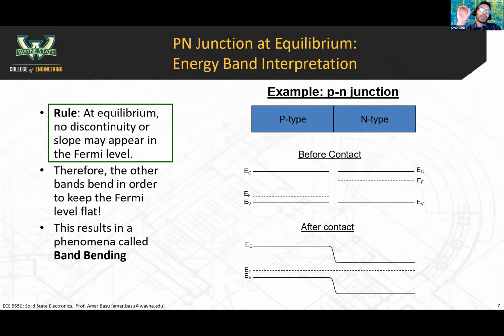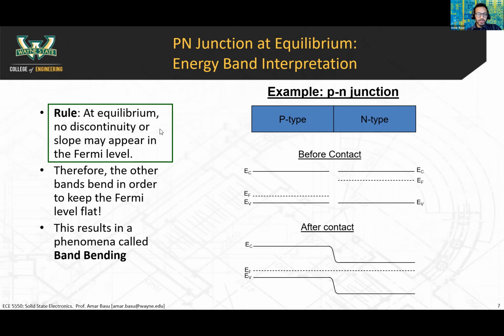But at equilibrium, there's no voltage applied, so the Fermi levels are at the same point. The potential energies of the electrons are the same. The distribution of potential energies is the same regardless of where you are in the semiconductor. So that's why no discontinuity or slope can appear at equilibrium. It's just a flat line.